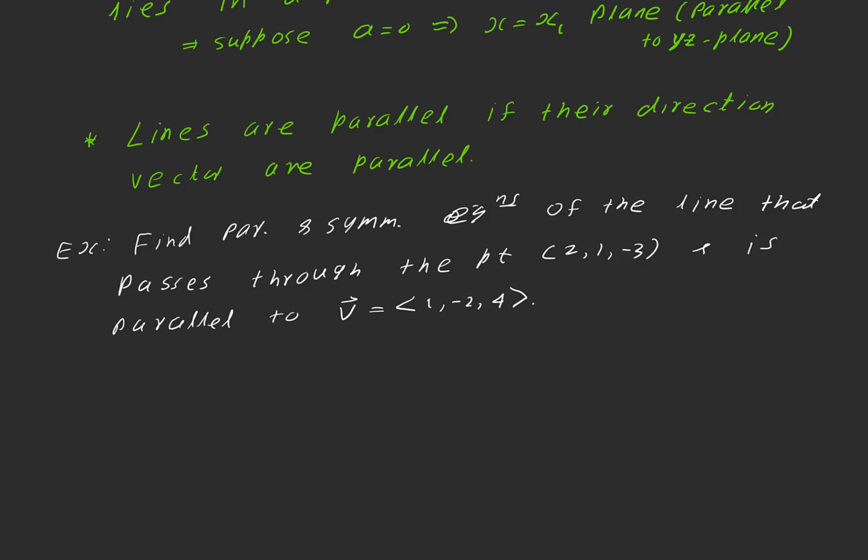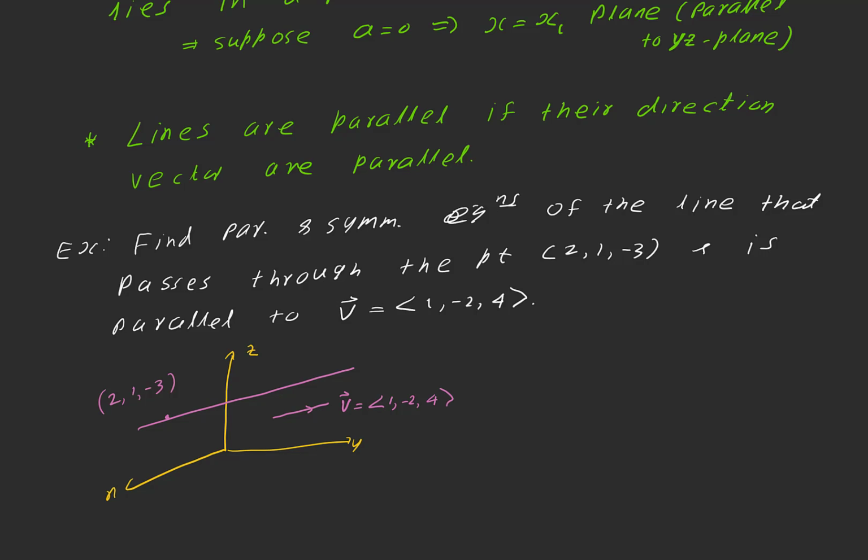So you know this is 3D, and the line passes through the point (2, 1, negative 3) and is parallel to V = (1, negative 2, 4).